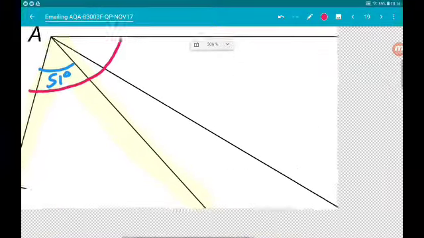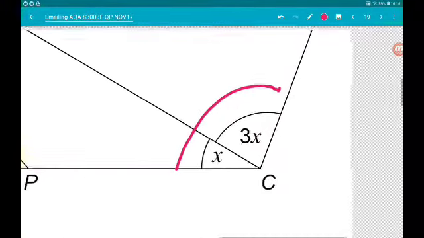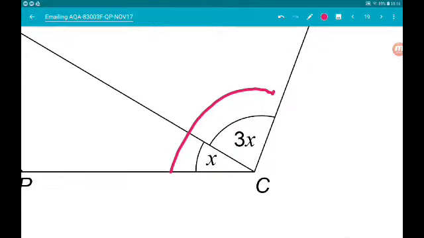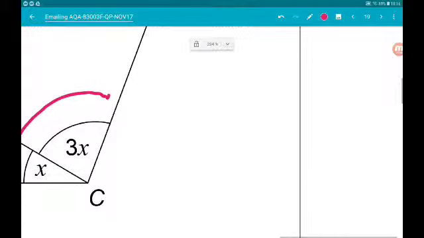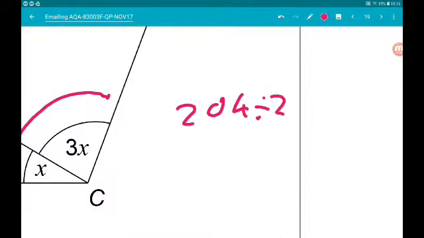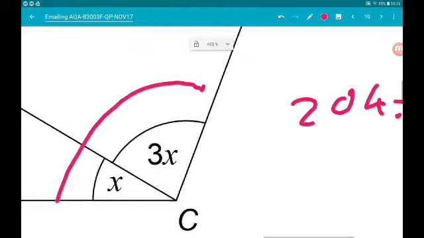This whole guy up here and this whole guy down here. Now we know that they are equal and there's two of them, so we divide 204 by 2 and we get 102 degrees. So this whole angle here is 102 degrees.